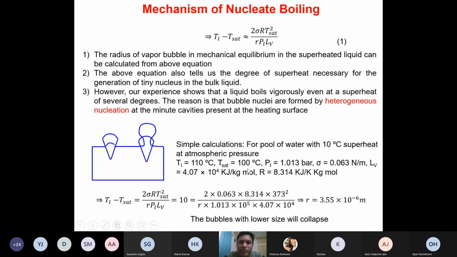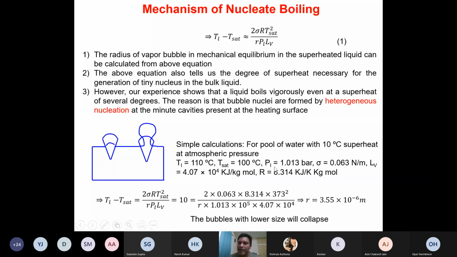So now let us look at some sample calculations here. Let us assume that there is a pool of water with 10 degree superheat at the atmospheric pressure. So that means the temperature TL is 110 degrees Celsius, whereas the saturation temperature Tsat is 100 degrees Celsius.